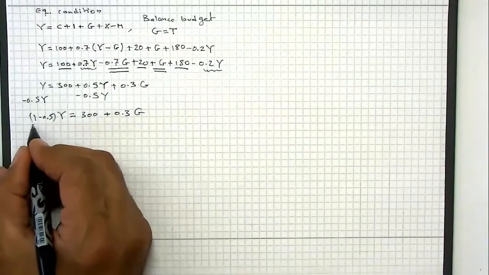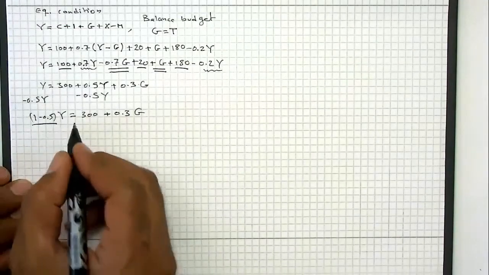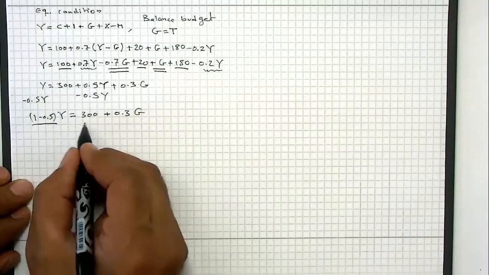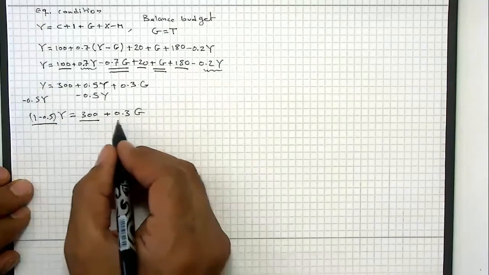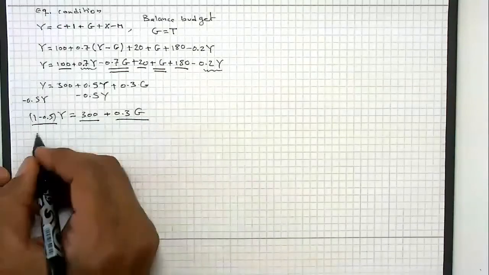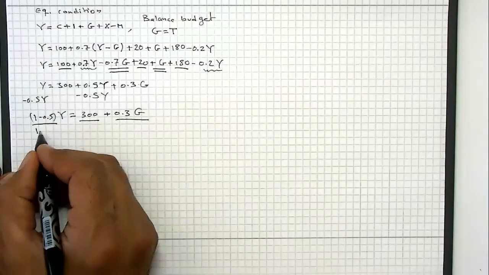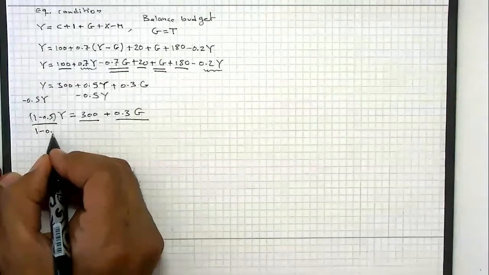So if I want to keep only y here, no coefficient, I divide all terms by this factor.